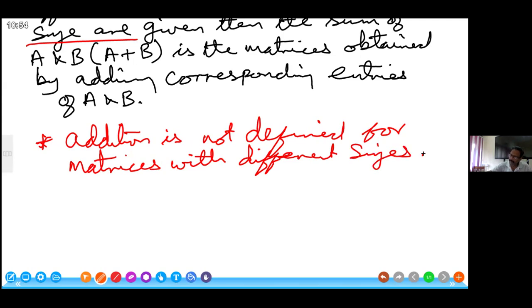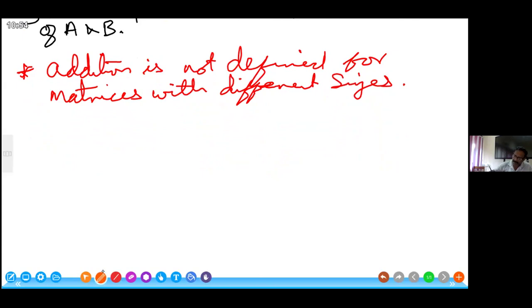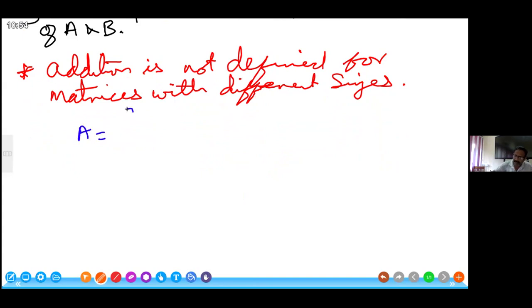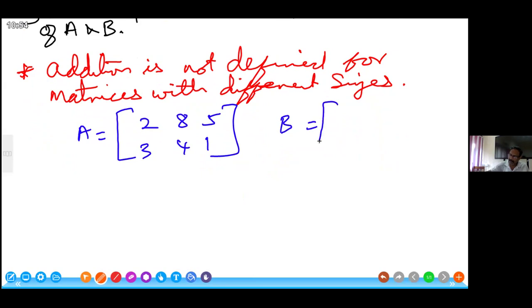So you see, the size has to be the same for addition. If the size is not the same, then you cannot add. For example, matrix A has elements 2, 8, 5, 3, 4, 1. Matrix B has elements -3, 2, 3, 4, -1.